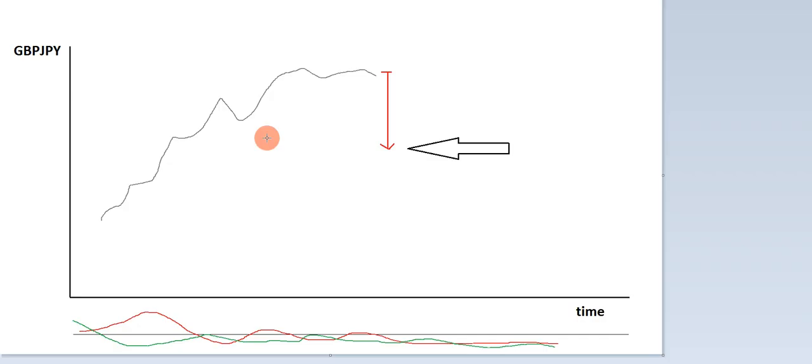Because guess what? If they hit those target levels, then the options can get assigned. We're going to show you examples from reality as always in a second.